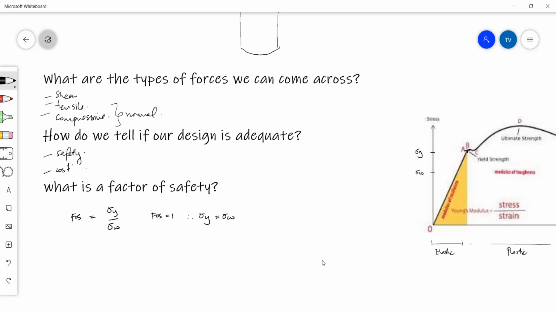If your part experiences some kind of anomaly, some kind of force that wasn't expected, say in the case of our assignment, our shaft suddenly has a power surge and it starts to produce more power than it should, and we experience more torque and as a result more forces, our part will fail. So that's why we always try and keep our factor of safety greater than 1.